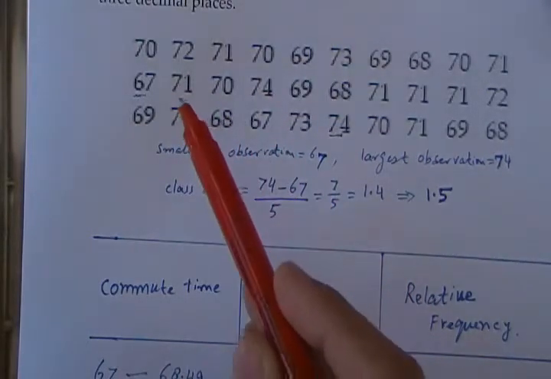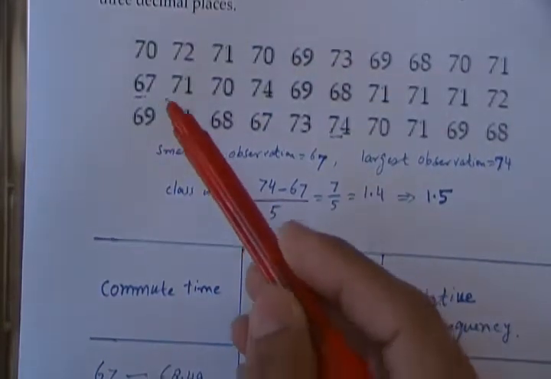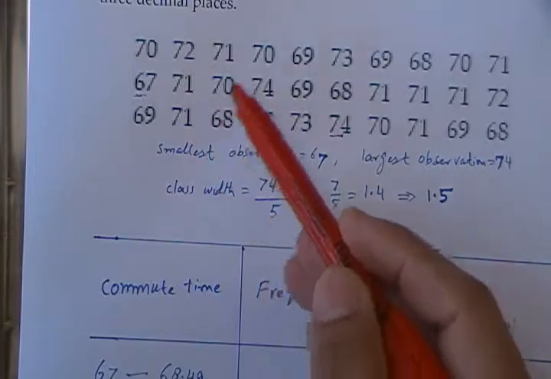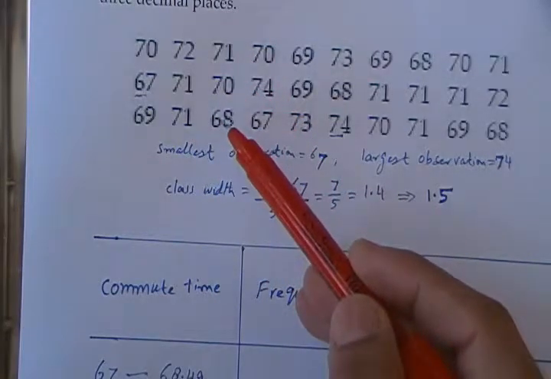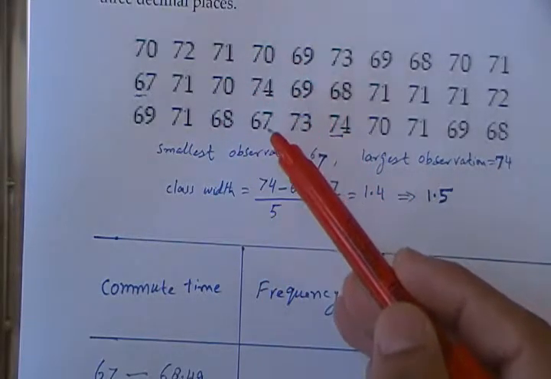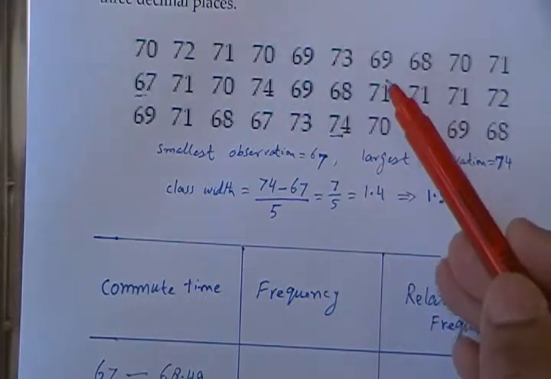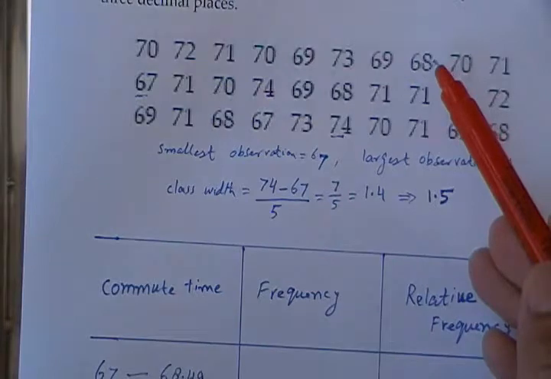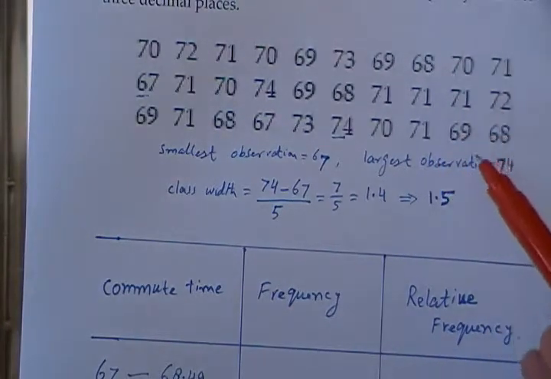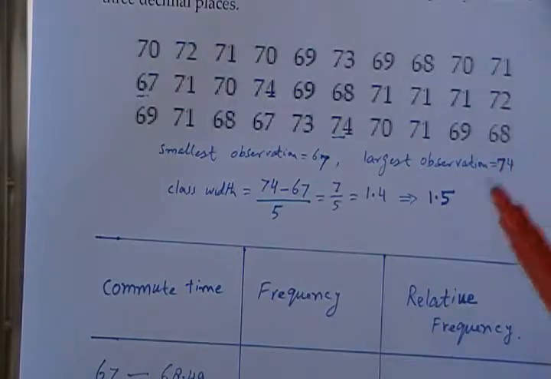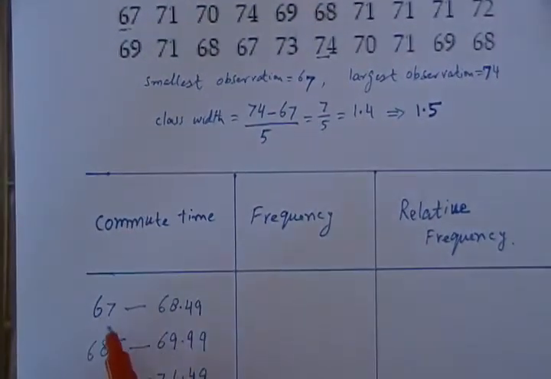Looking at this, in the first column you have this 1 and nothing here, then second, third, fourth, fifth, and then this one sixth. So there are 6 observations in this range.